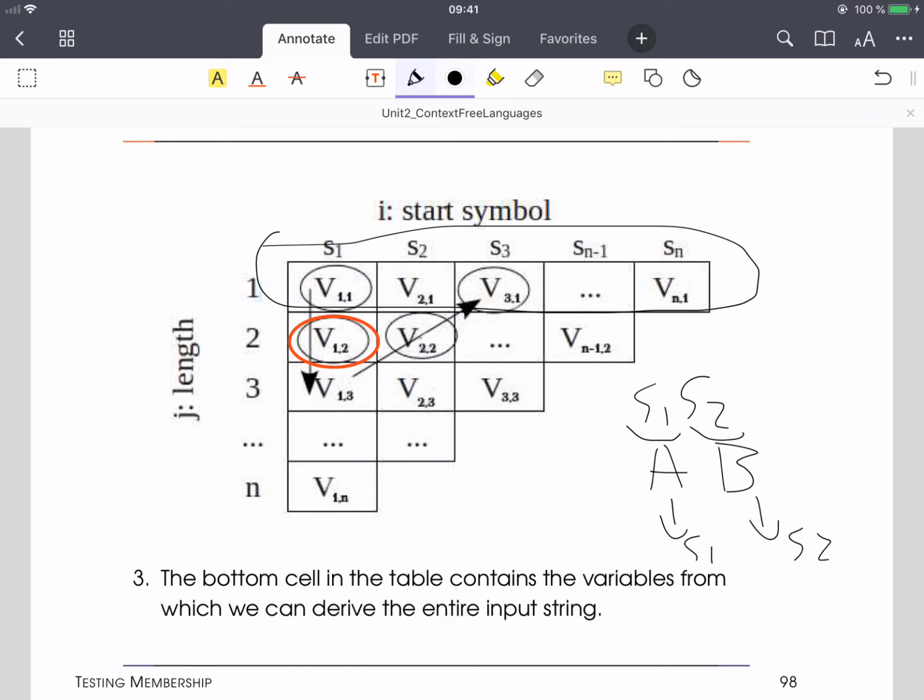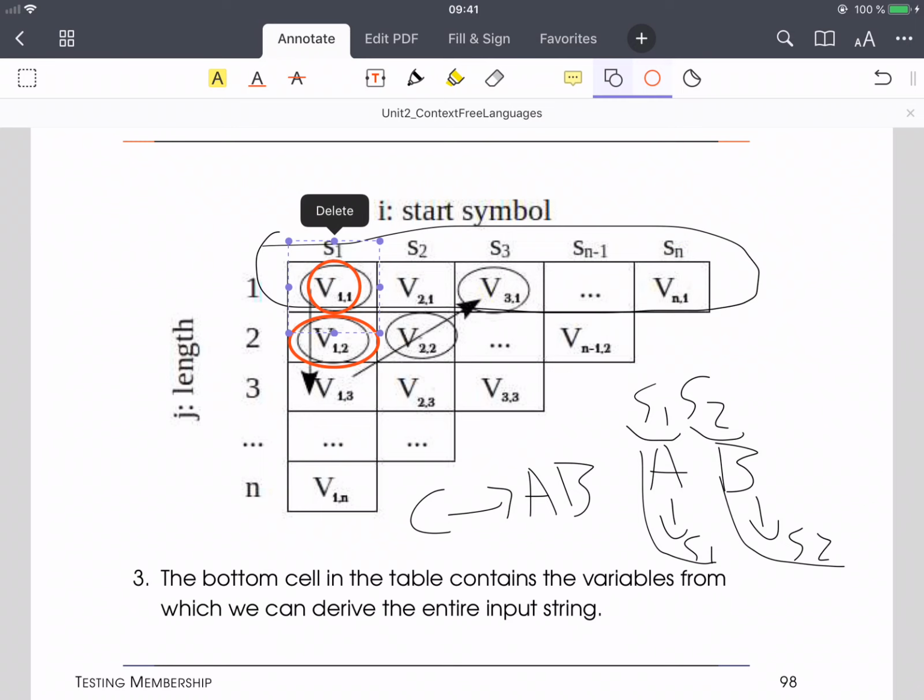So we are looking for variables C that generate A and B, and then A generates S1, B generates S2. But since we have already filled the first row of the table, all the variables that generate S1 are already here.